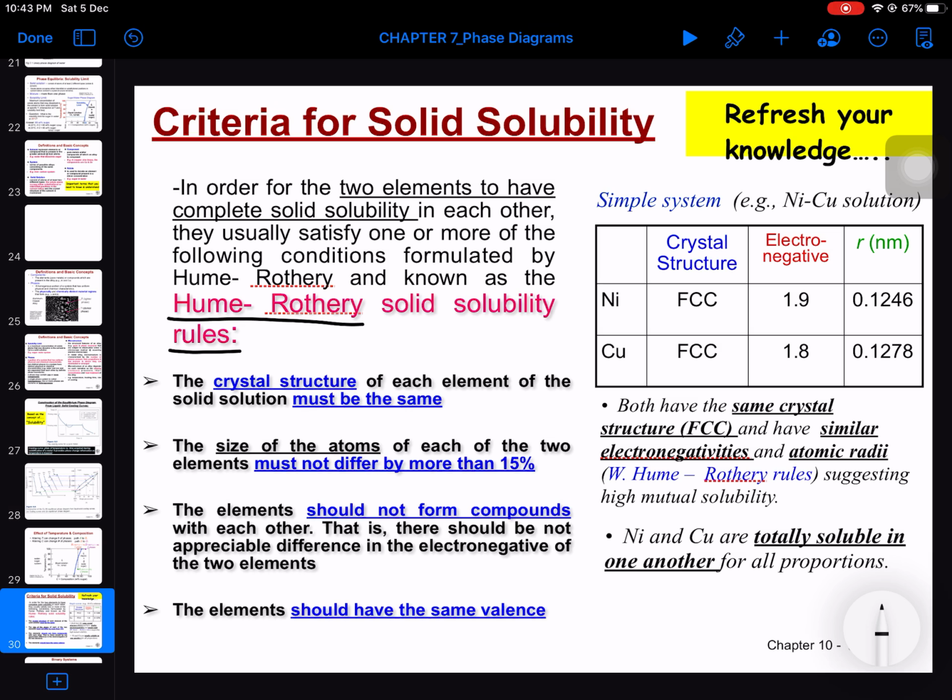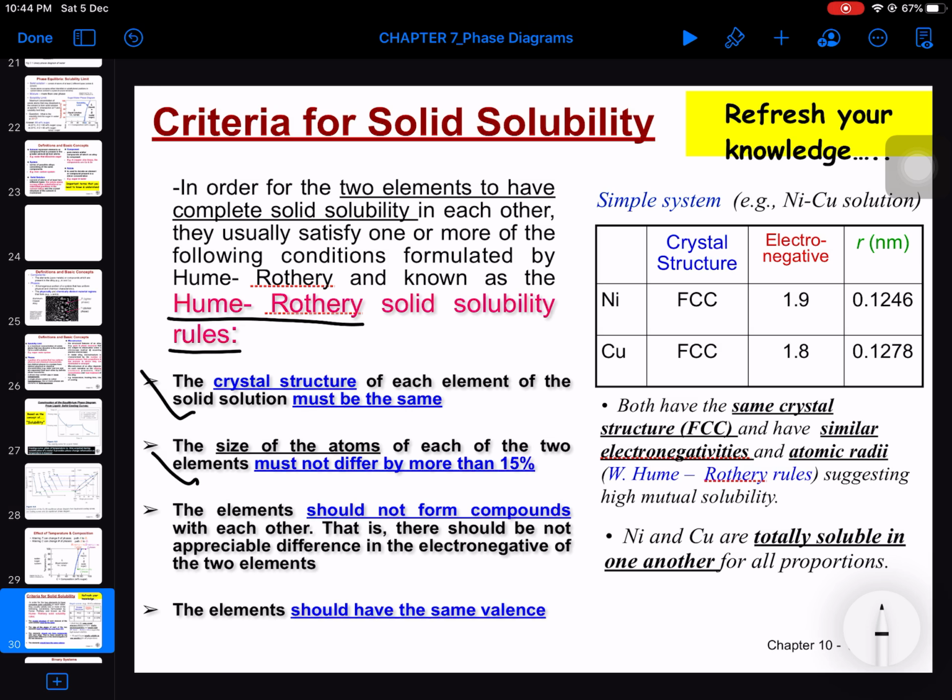The first one is about the crystal structure. The crystal structure must be the same, so if one is FCC, then the other one must be FCC too. The size of the atoms of the two elements must not differ by more than 15%. That means they must be similar in size. The elements should not form compounds with each other, which means there should not be an appreciable difference in the electronegativity of the two elements.